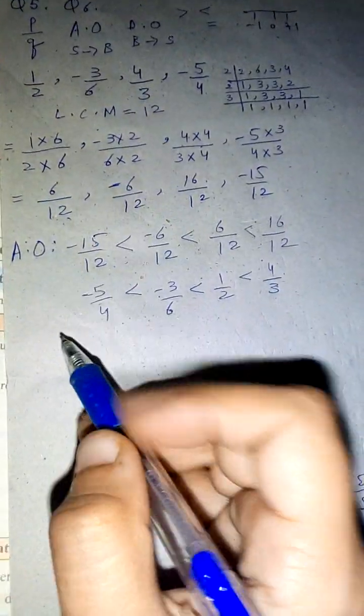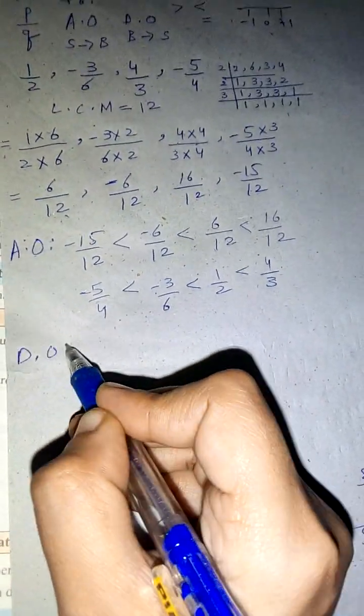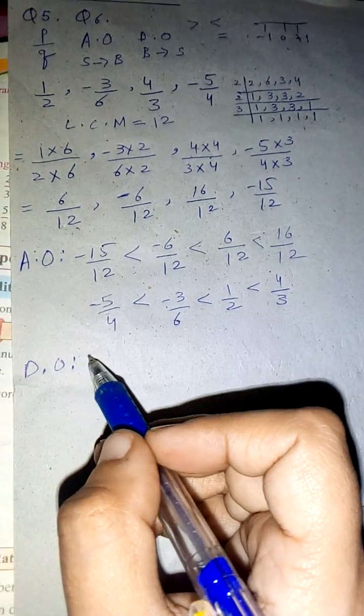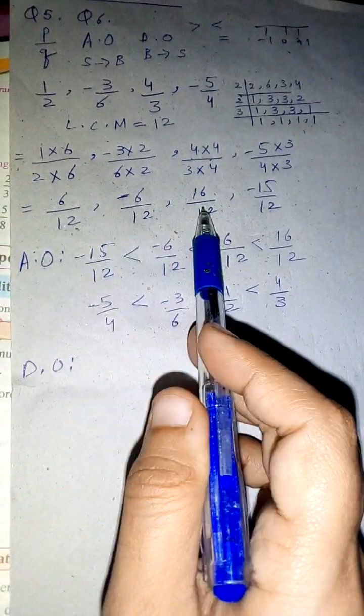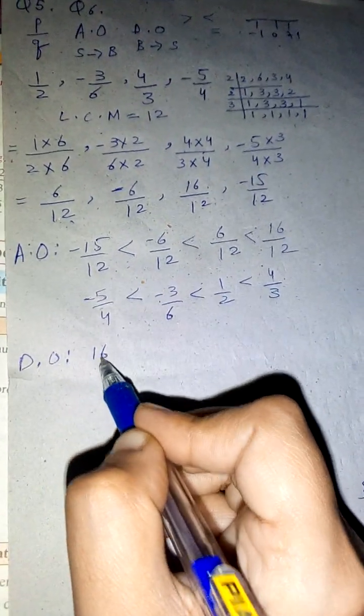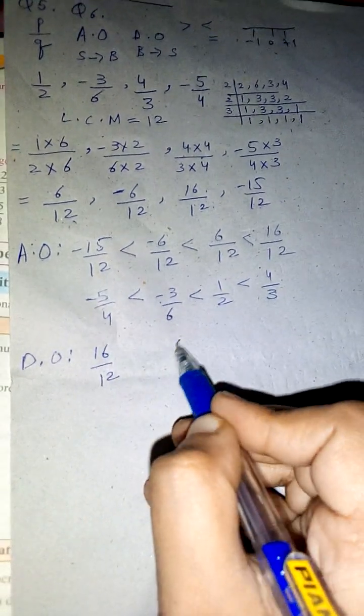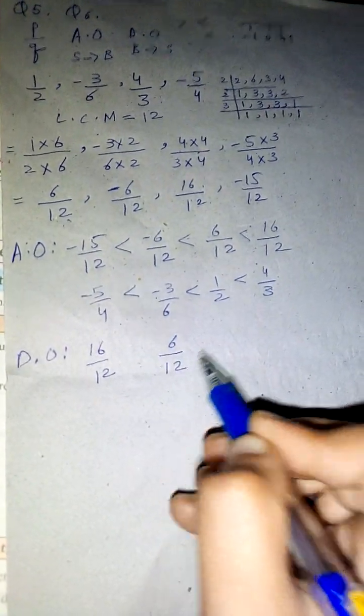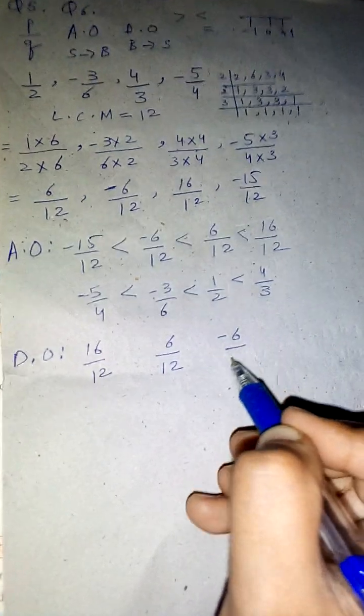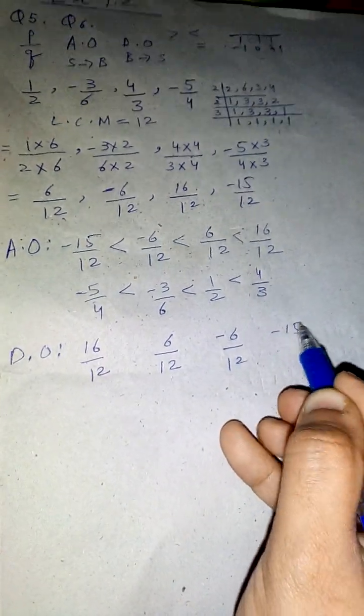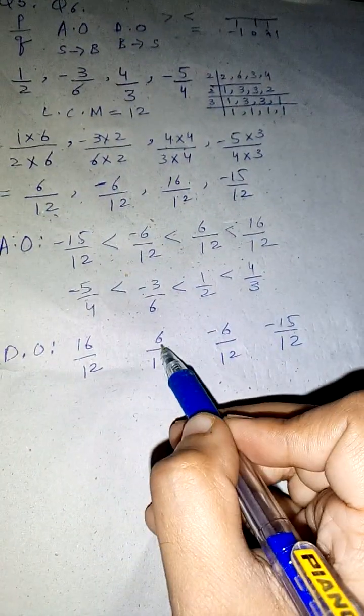We will do the same process for descending order. Descending order means going from big to small. The biggest number is 16 over 12, then we have 6 over 12, then minus 6 over 12, and then minus 15 over 12. Big to small.